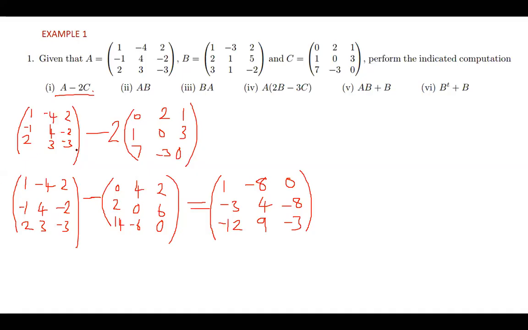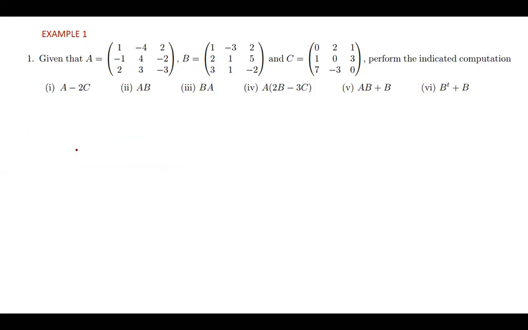So we move on. We've been given A to be 1, negative 1, and then 2. I'm actually answering the second part here, which is A times B. So negative 1, and then you are going to have negative 4.